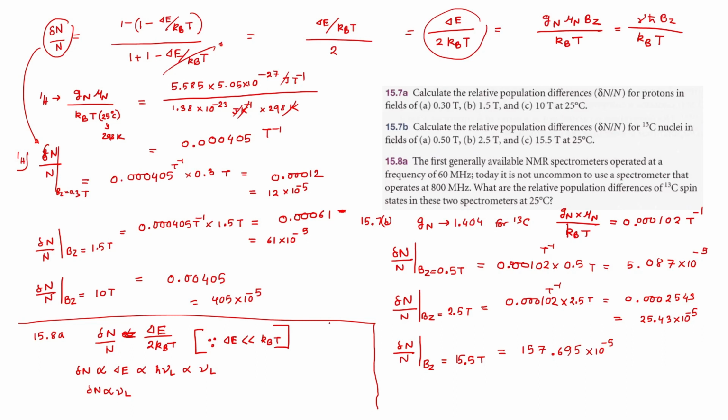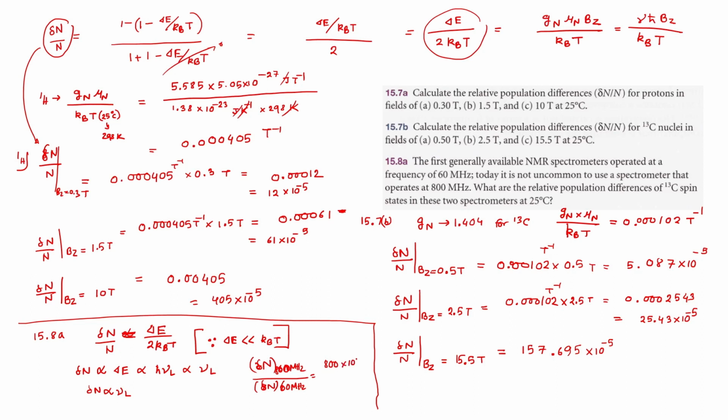So delta n at 800 megahertz by delta n at 60 megahertz, it will be around 800 by 60.